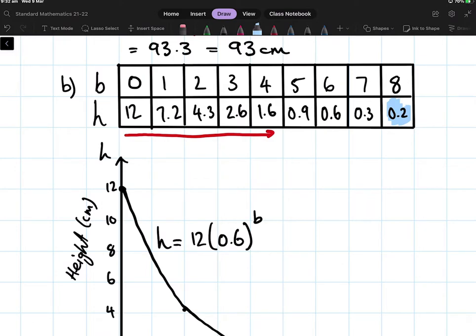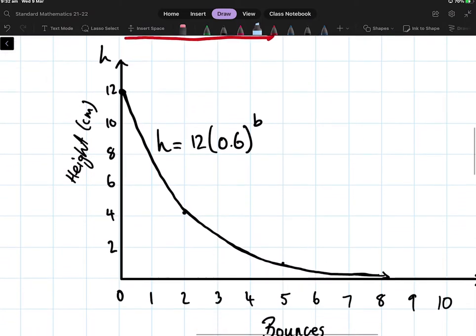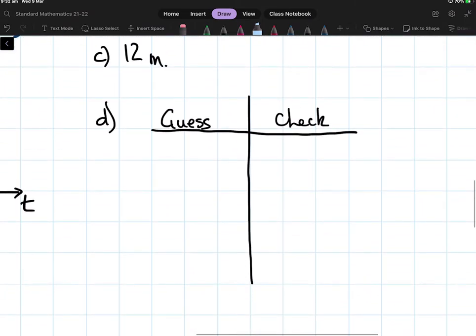I'm going to guess 10, and when we sub 10 in, I get 0.0725, blah, blah, blah, which is 7 centimeters, so that's too low.